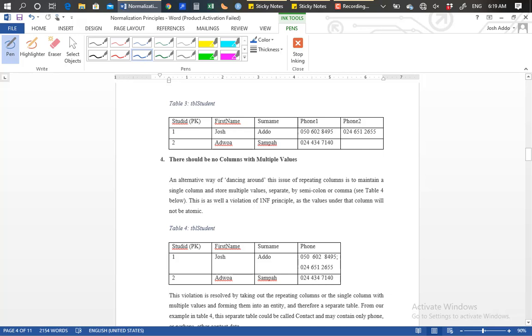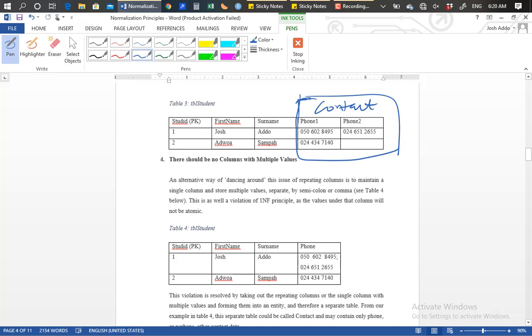So the way to resolve this problem is to cut this part of the table away and form them, because they are capturing the same central information of phone, or let's say more broadly, contact. Yes, that's the central data. These 2 columns are capturing data on contact. So we have to take it off.